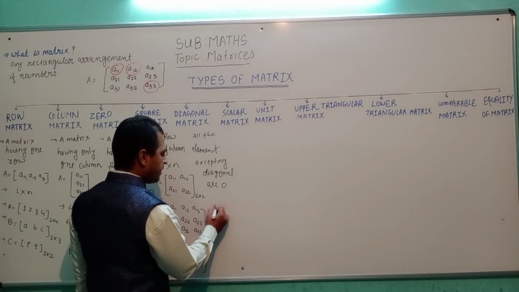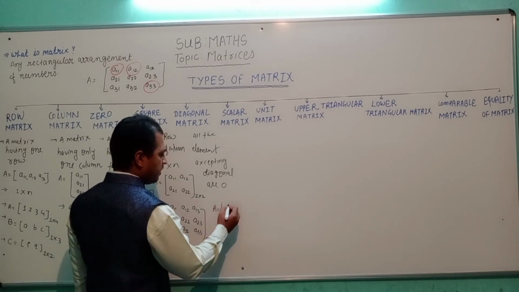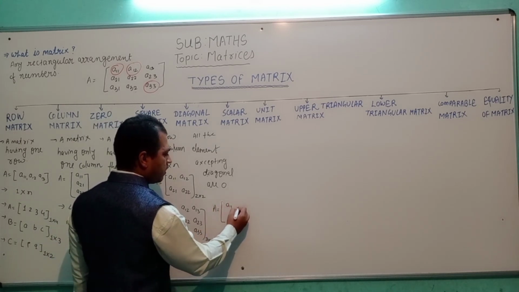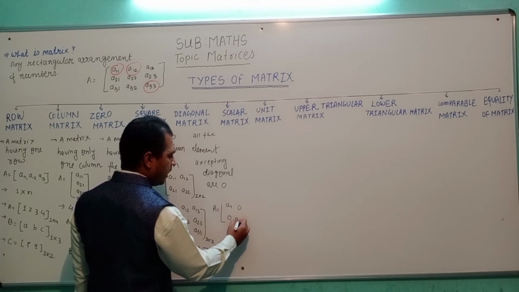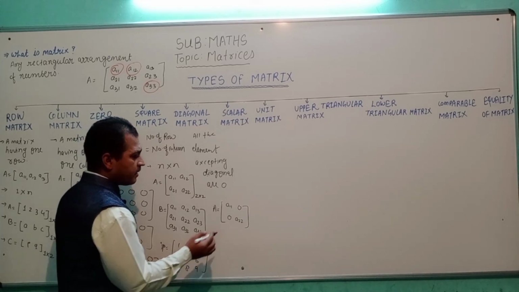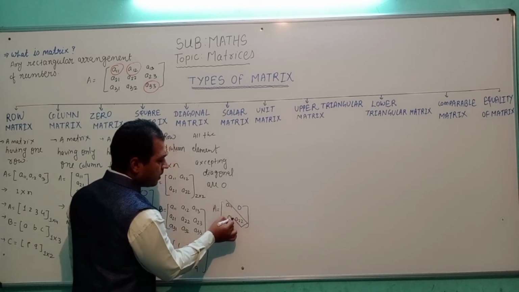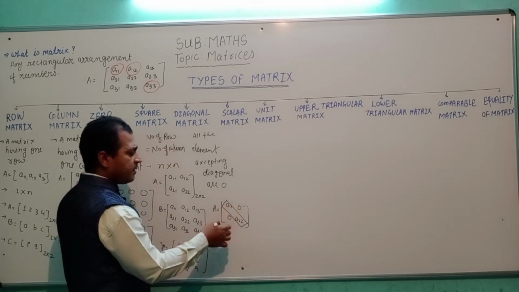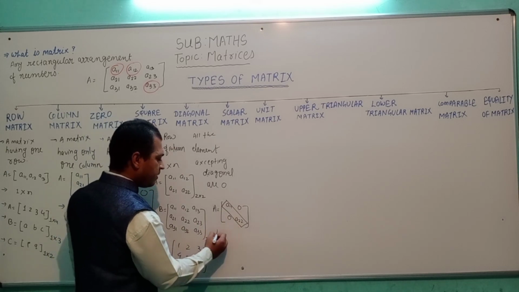So let us see an example. Suppose A has elements a11, 0, 0, a22. This is a diagonal matrix because here you can see that excepting the diagonal, all the elements are 0.